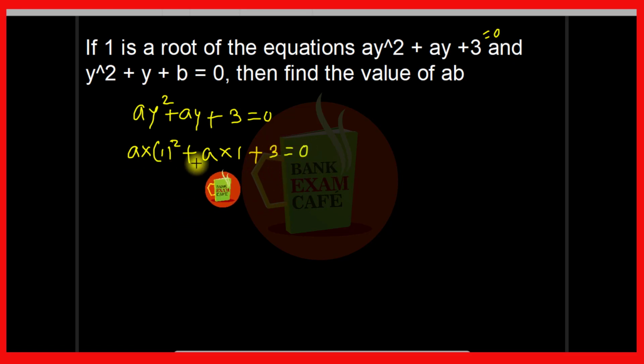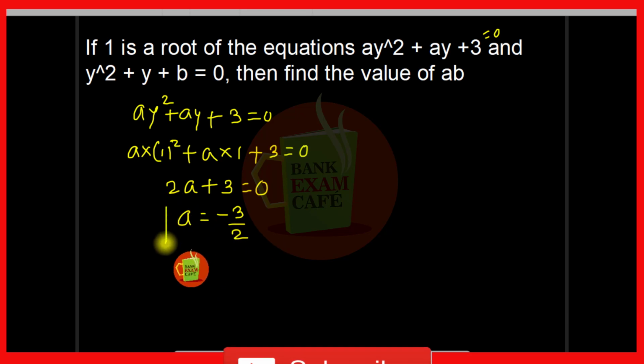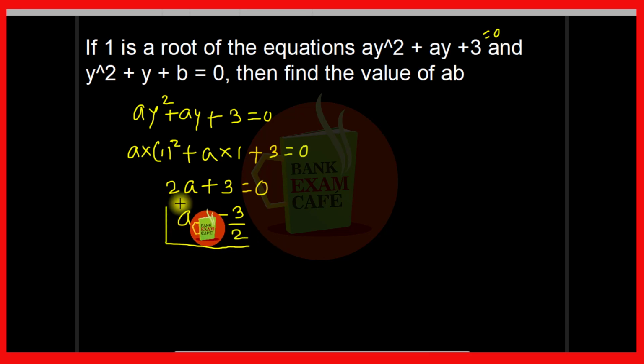So this will be a plus a, that will be 2a plus 3, which is equal to 0. Take 3 to this side, so you will get 2a equal to minus 3, and therefore a is equal to minus 3 by 2.